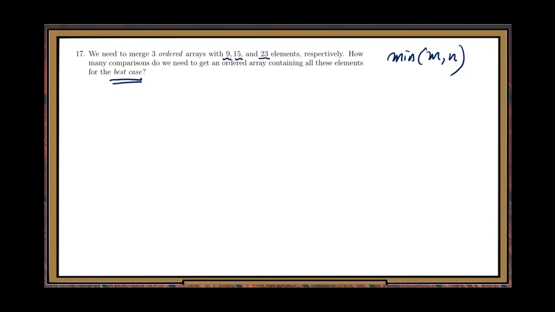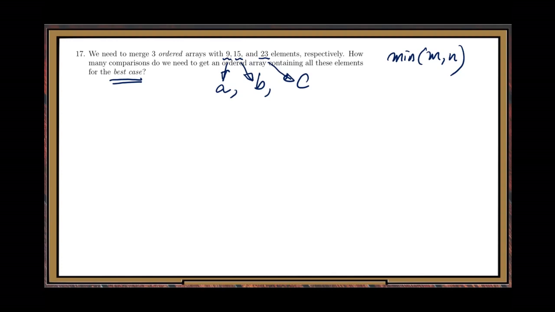Here I like to use a general representation: the size of the first ordered array A, the size of the second ordered array B, and the size of the third ordered array C. So I show you the idea.